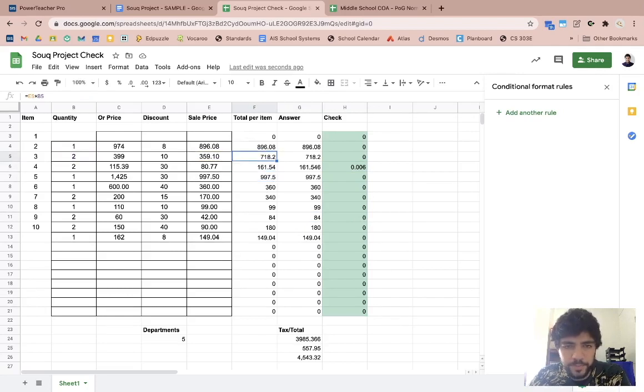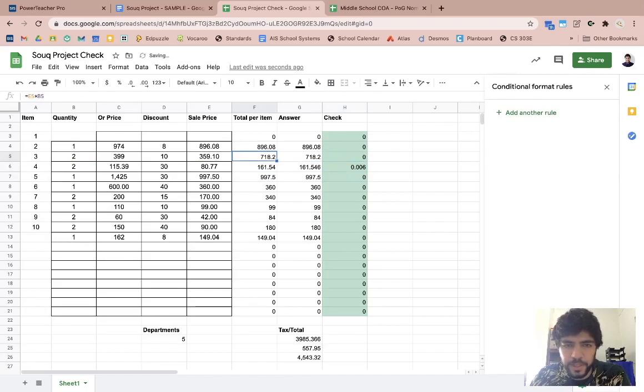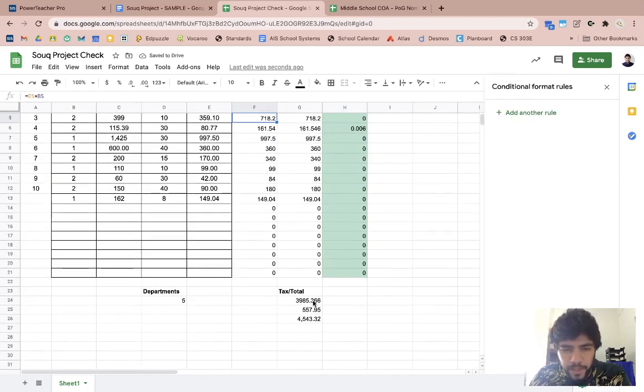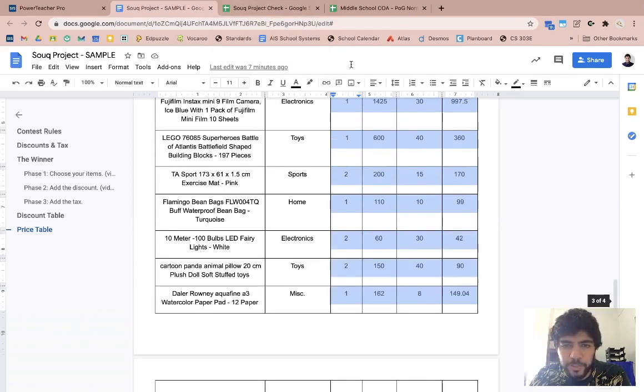So let's say that this was like 56. You see this cell would be red. So I can easily tell if you got something wrong. Okay? These are the totals that you should have. So 3,985, 557, 4,543. And I check them against these numbers, and they look pretty similar. So this is how I check your math.